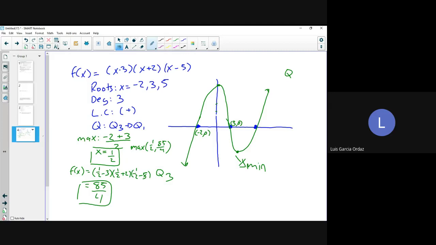That's our max, 1 over 2 and 85 over 4. Then we do the same thing with our minimum value.